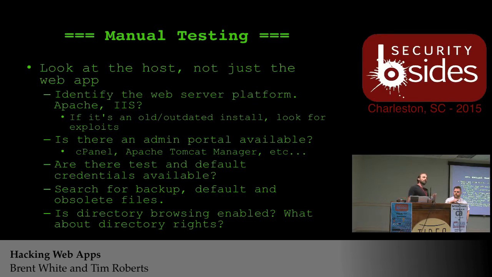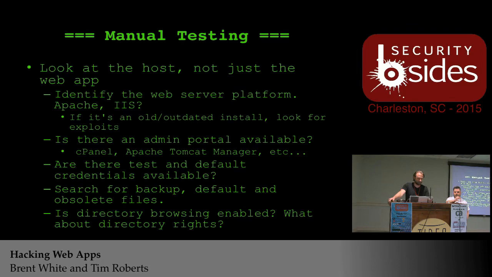Also when you're doing the crawling and the spidering, is there an admin portal? Is that available? Is it publicly facing? Again, cPanel is a good example. Yeah, Apache. Like default, we found default creds on Tomcat several times, and we were actually able to go and deploy a malicious, like the laudanum script, the war files, and get shell on the host just because they had default creds on Tomcat.